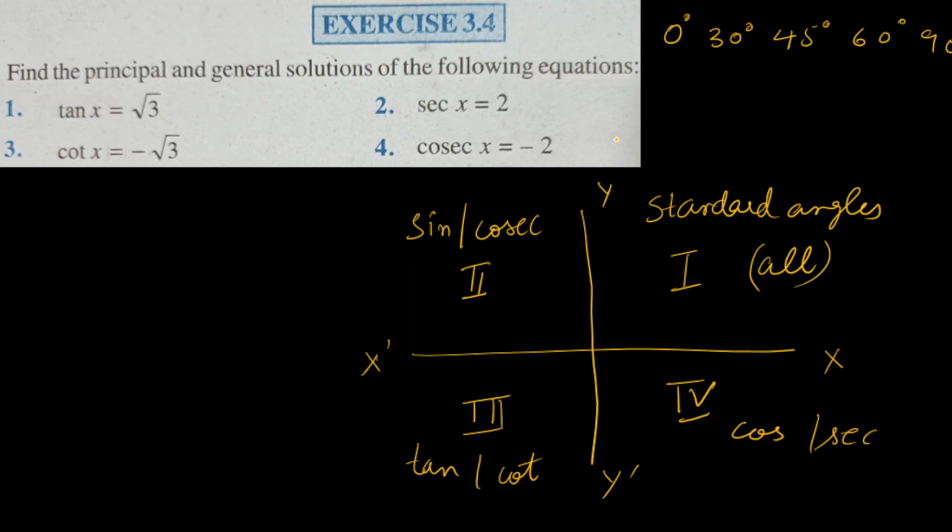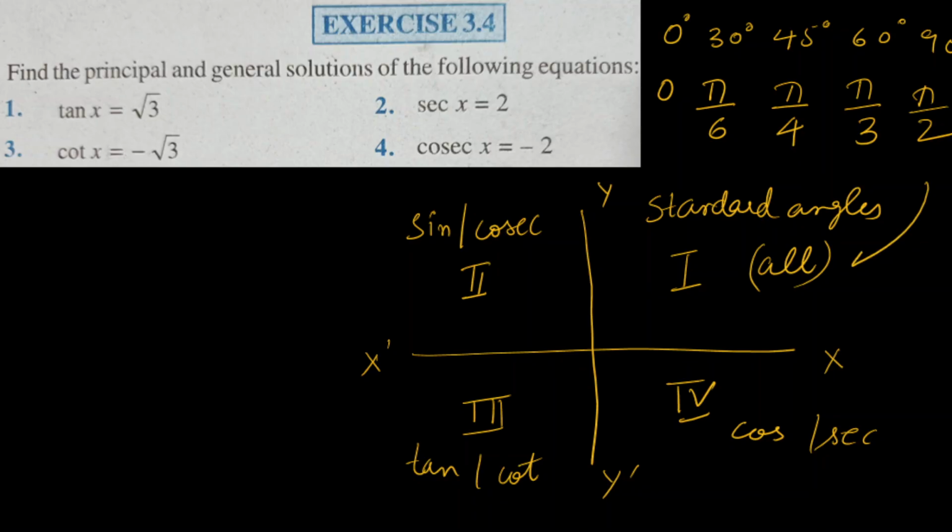These angles we have also learnt in radians. So 0 we can write as 0, then 30 degree we can write as pi by 6, 45 degree as pi by 4 radian, 60 as pi by 3 radian, 90 as pi by 2. So these things you should know.